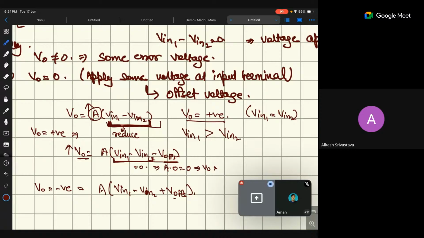So if this value is negative, after adding something, this value becomes 0. 0 multiplied by A is 0. So my V out is 0.